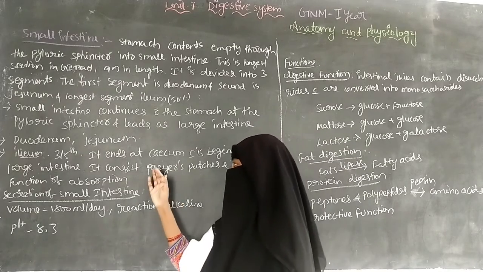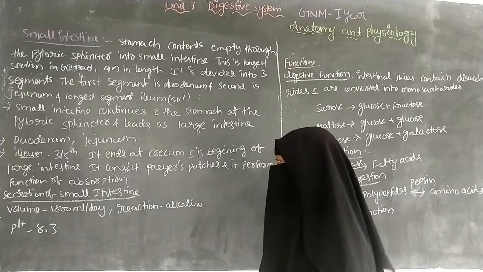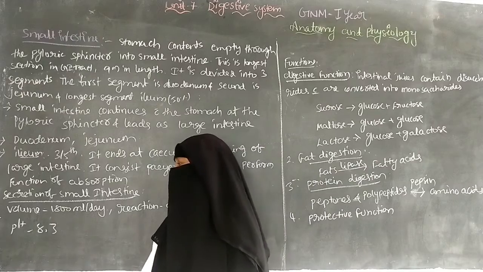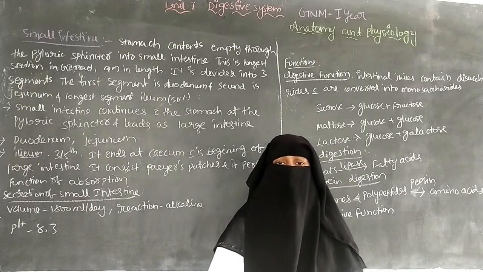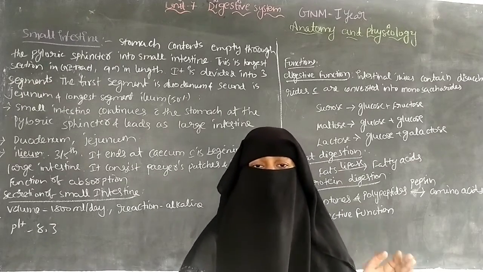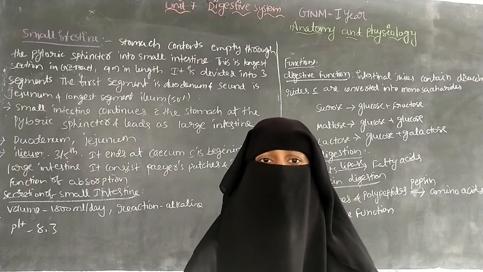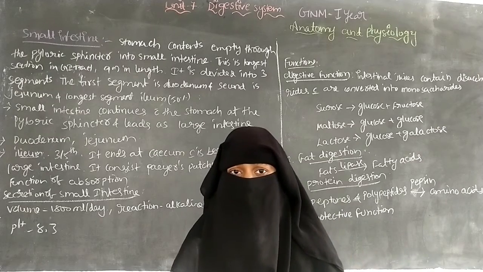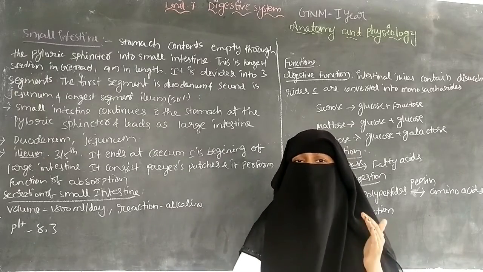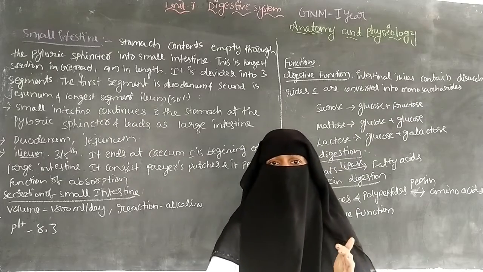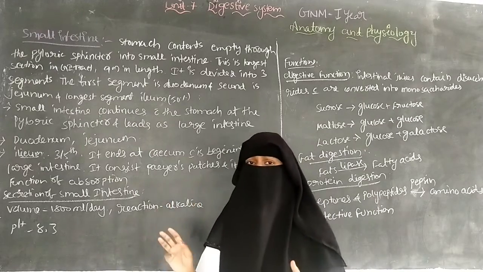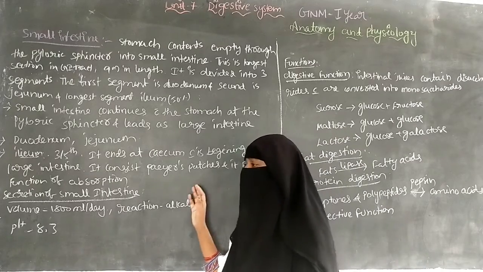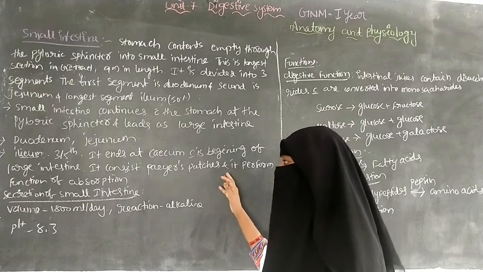Peyer's patches are masses of lymphatic tissue present throughout the ileum, and their main function is absorption. They also help to find out whether pathological organisms are present in the secretions or not. Peyer's patches help to protect from pathogenic organisms.